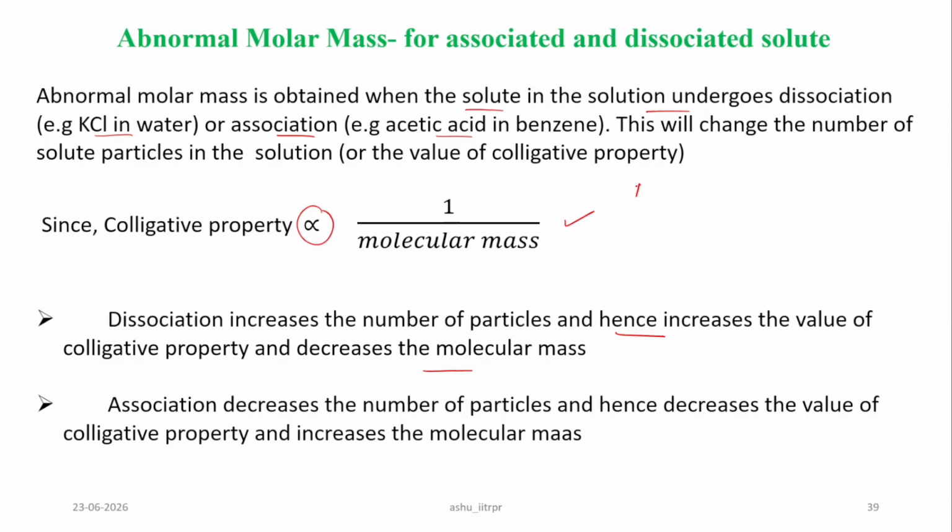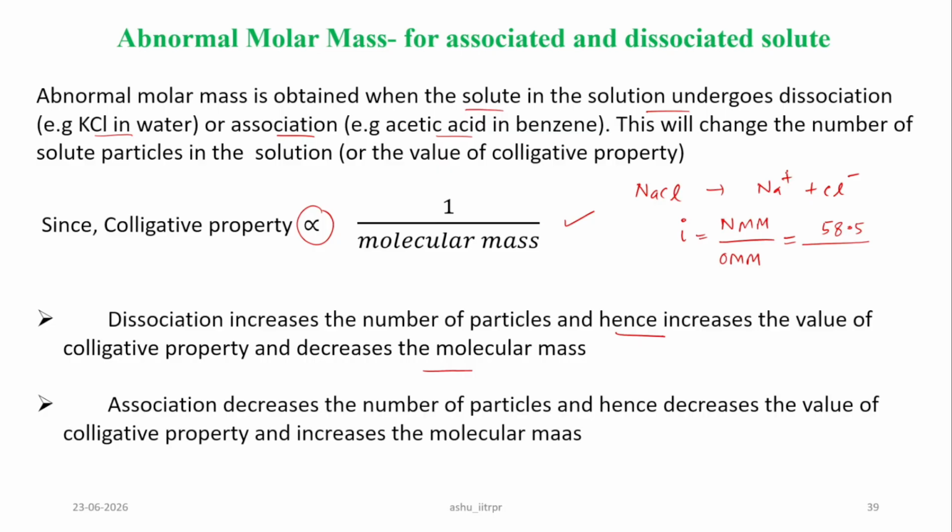Just like I have taken NaCl, it forms Na plus and Cl minus. So what is i? It is the normal molar mass of the solute divided by the observed molar mass. The normal molar mass is 58.5, that we all know.